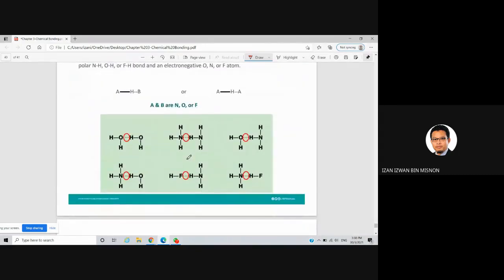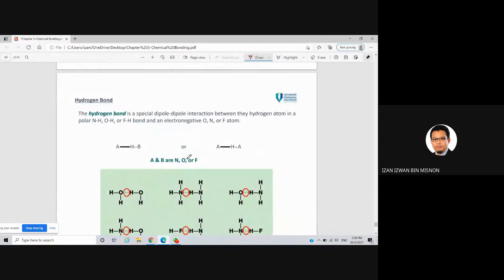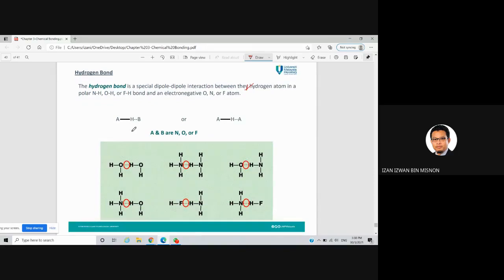Okay. So next is on hydrogen bond. The hydrogen bond is a special dipole-dipole interaction between the hydrogen atom in a polar NH, OH, or FH bond and an electronegative oxygen, nitrogen, or fluorine atom. So to make it short, it only involves nitrogen, oxygen, and fluorine.